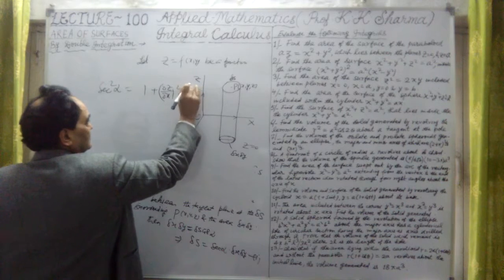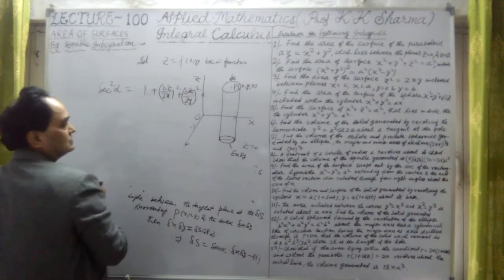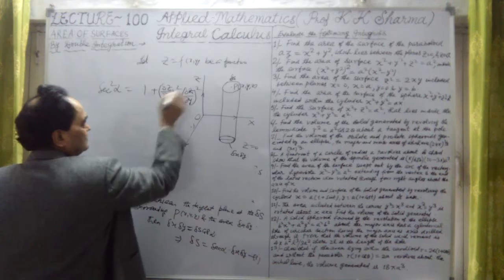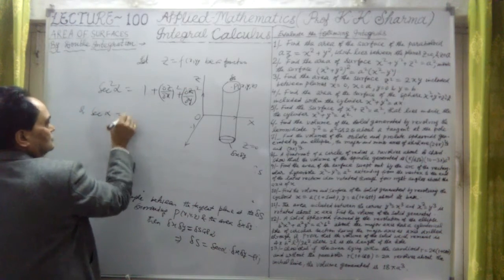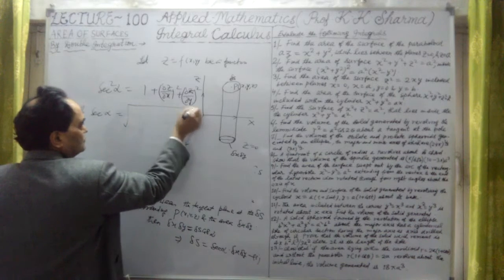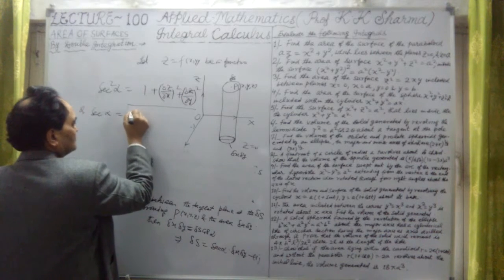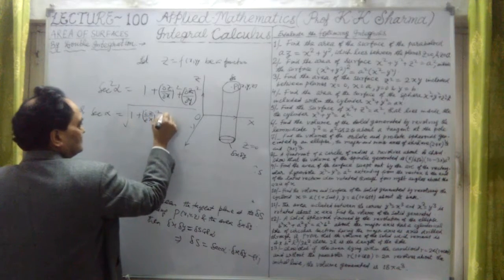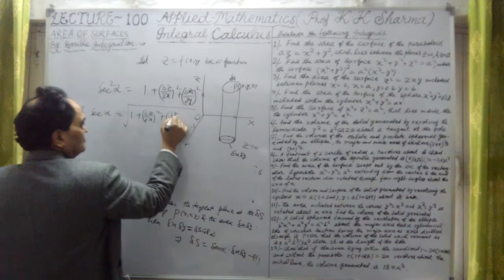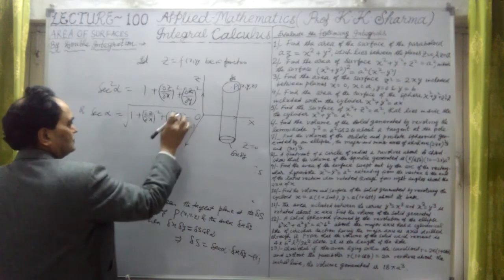So secant alpha is equal to the square root of 1 plus del z upon del x whole square plus del z upon del y whole square.